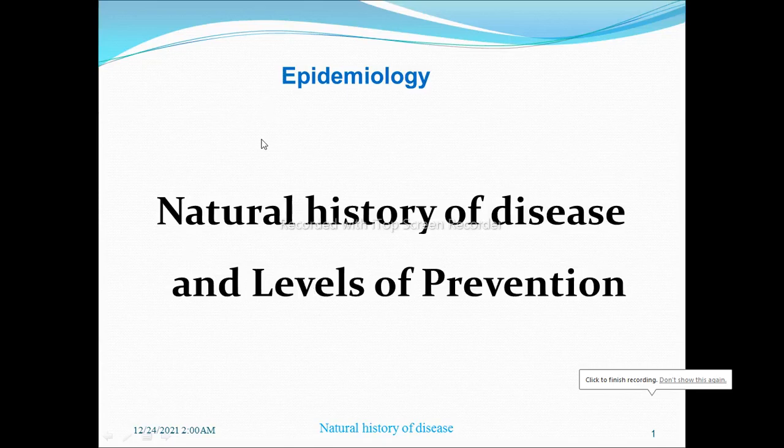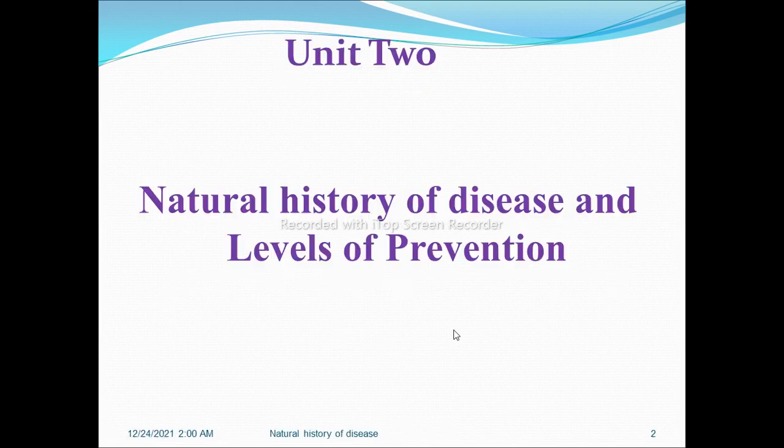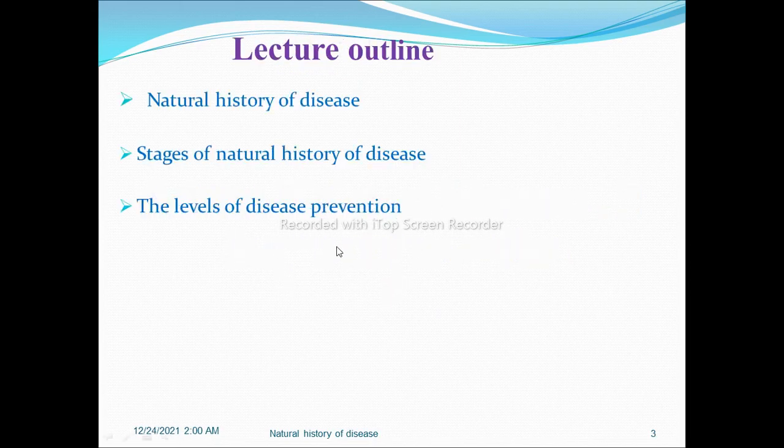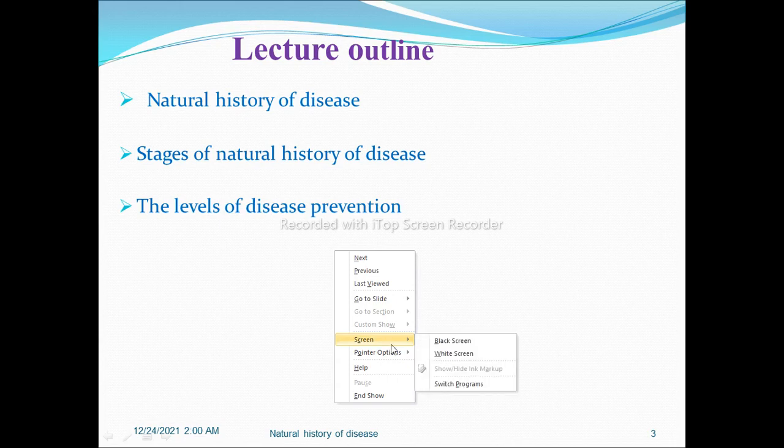We will see about Epidemiology, Chapter 2, Natural History of Disease and Level of Prevention. This is Unit 2, Natural History of Disease and Level of Prevention, lecture outline.